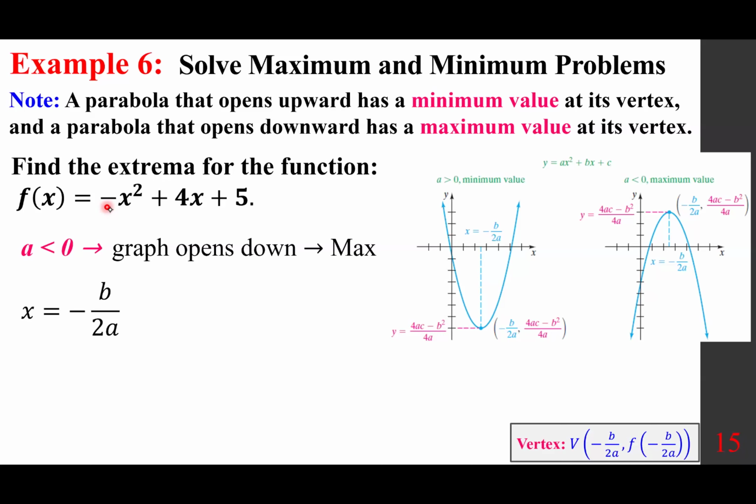Let's just write all of this: a is minus 1, b is 4, c is 5. So minus 4 over 2 times negative 1, or 2. That's the case, everybody.